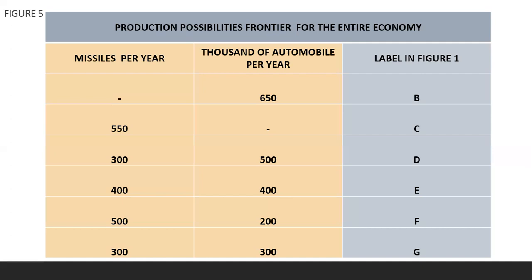to 400. And on the next production, they increase the production of missiles to 100 and reduce the production of automobiles to 200. And for the last production, they have reduced the production of missiles to 300 in order to increase the production of automobiles to 300.